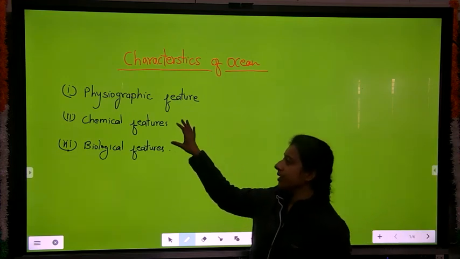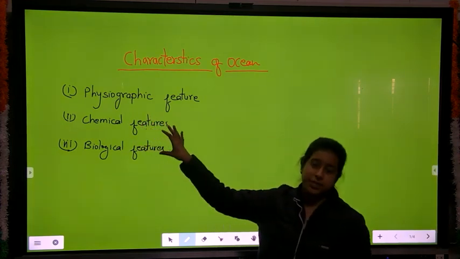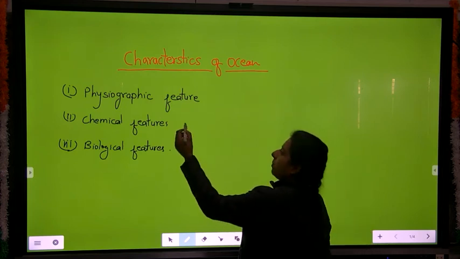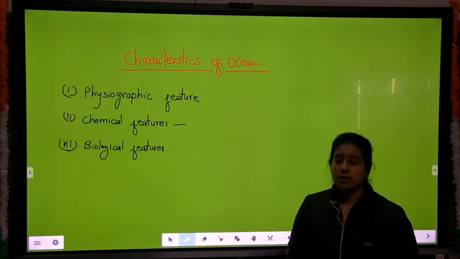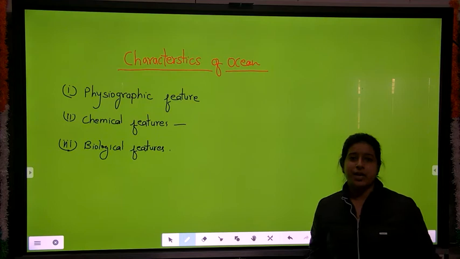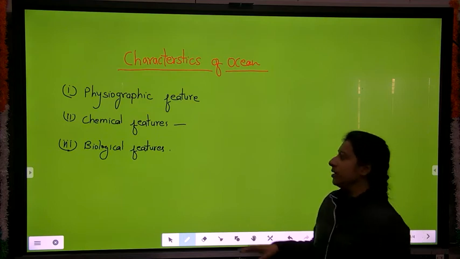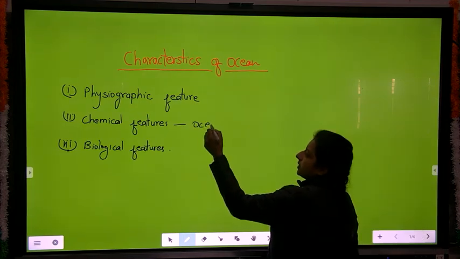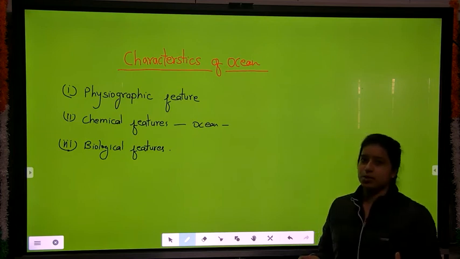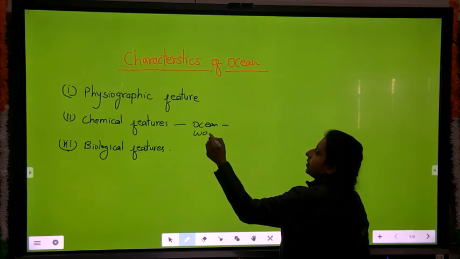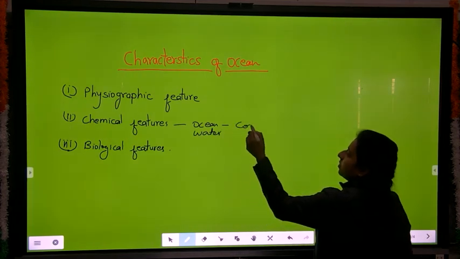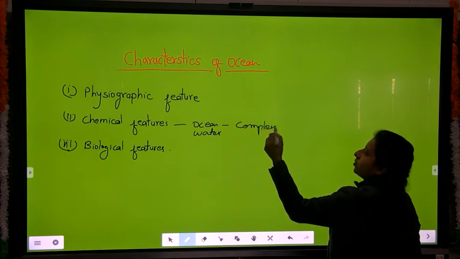Okay, as far as the chemical features are concerned, there are so many elements which are in dilute form. The ocean water is basically a complex solution of around 40 elements.